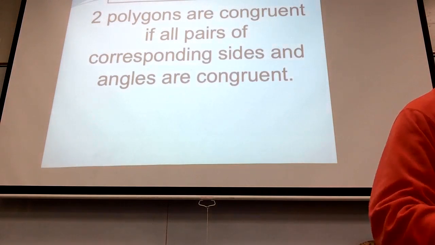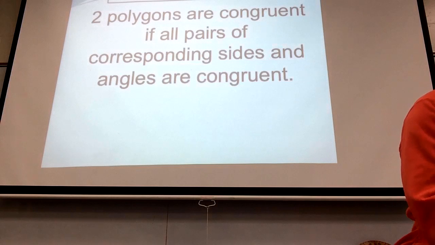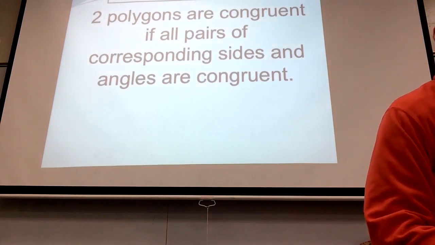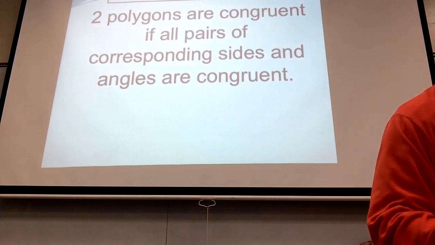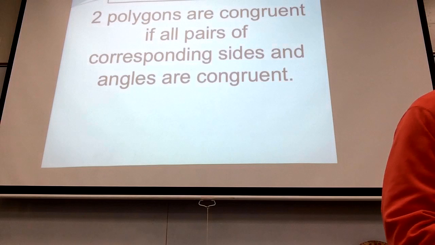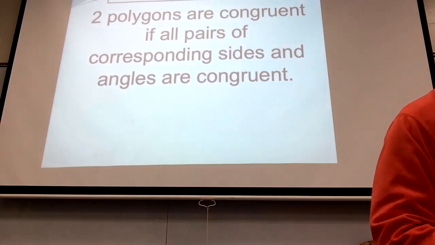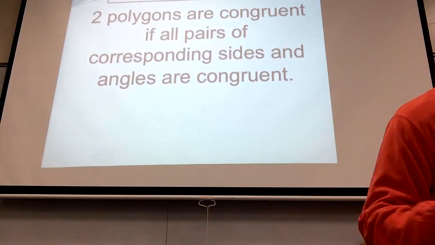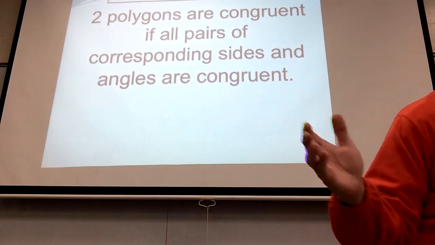Then you see if those corresponding parts are congruent to each other, and if they are, then the shapes are congruent. So it's going to be an act of basically making sure you list out all of the parts that make up that shape. So all the sides and all the angles. And if it was a circle, then we'd really just be looking at the radius, but you don't run into circles. This is all polygons.